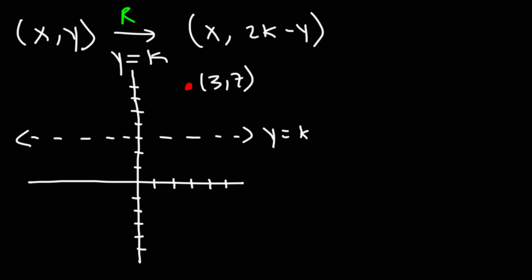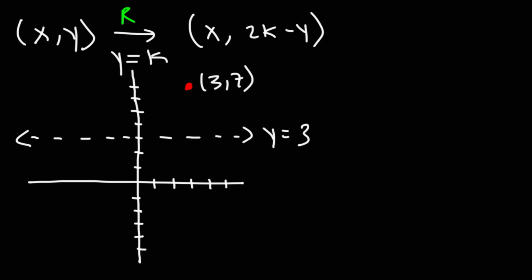What is the new point using this expression if we reflect it about the line y equals 3? So 3, 7 will become, x will remain 3, but y is going to change. There's too many 3's here.